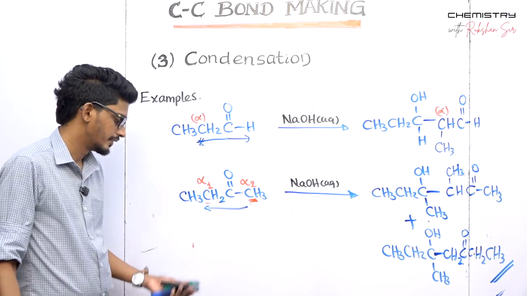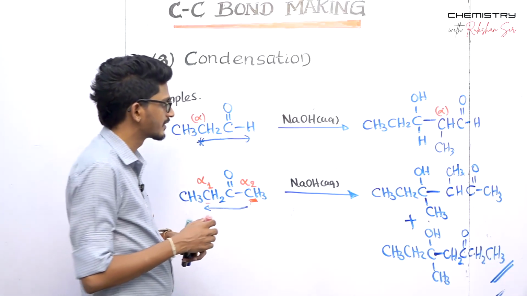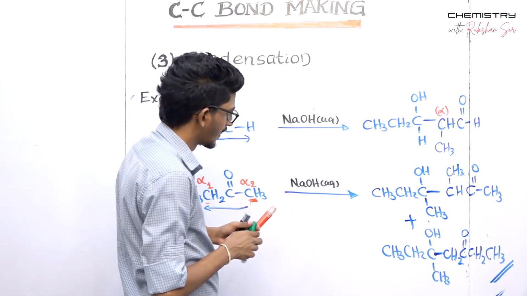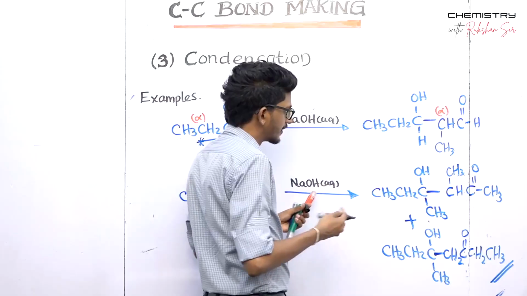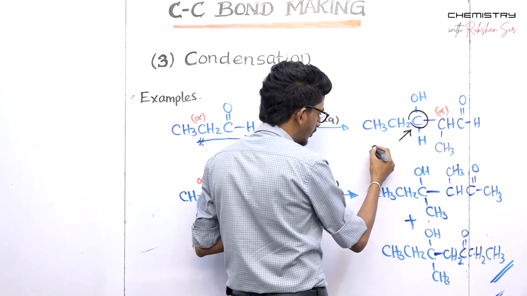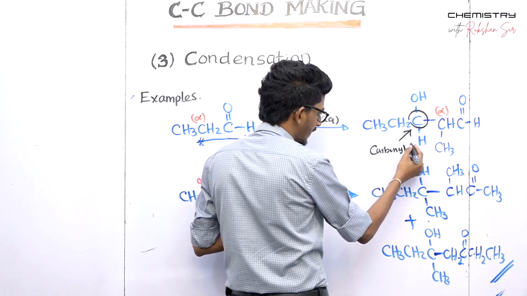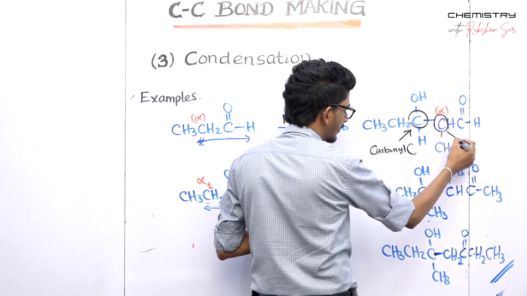So here when we are doing this aldol condensation, you clearly see the two carbons connected. The two carbons connected to each other are the carbonyl carbon from one side, and from the other side it is the alpha carbon.